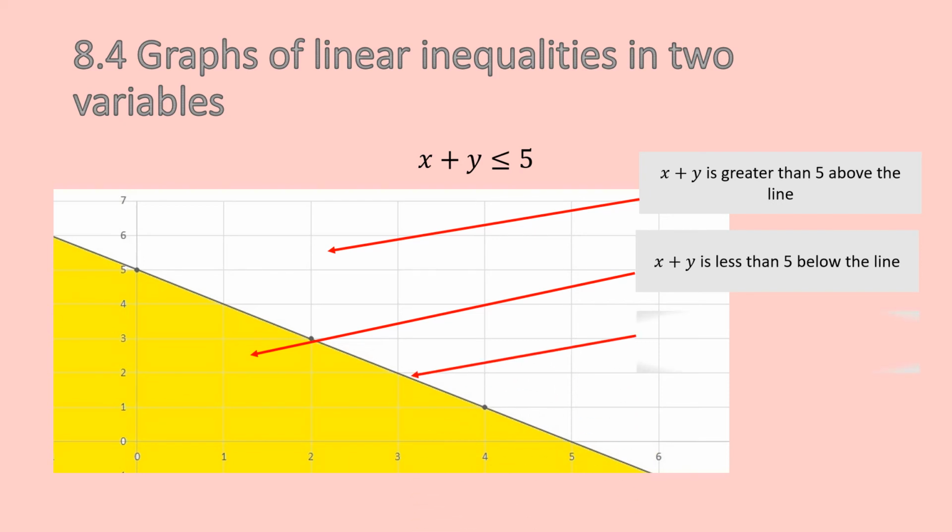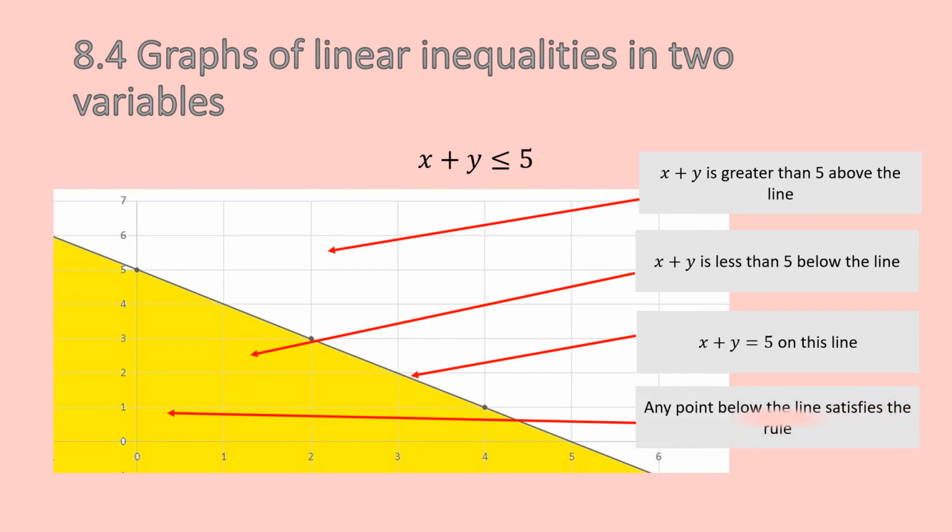And x plus y equals 5 on this line. Any point below the line satisfies the rule x plus y is less than or equal to 5.